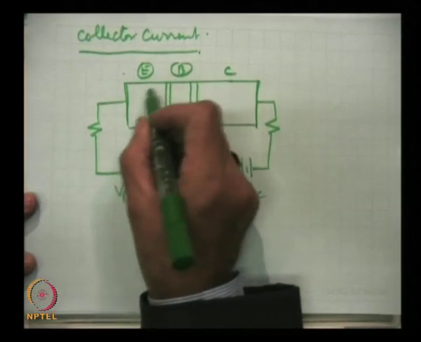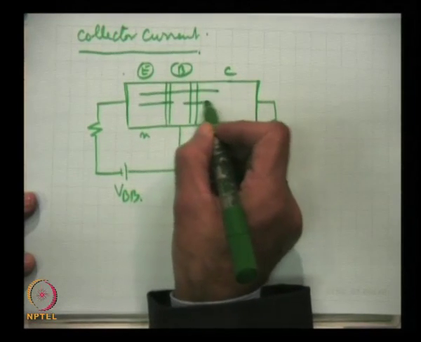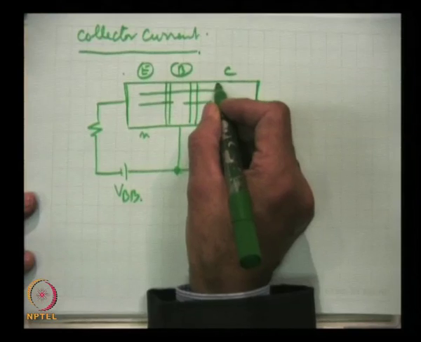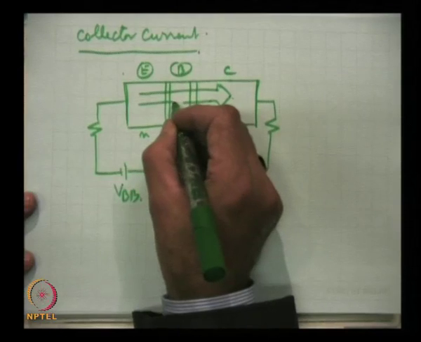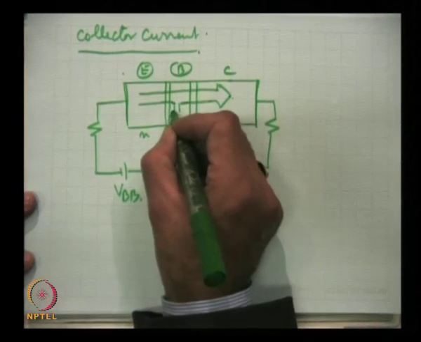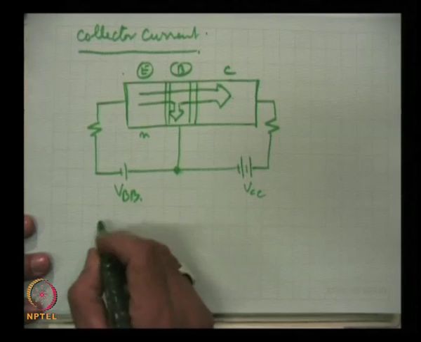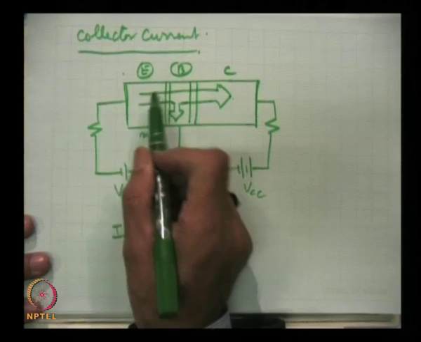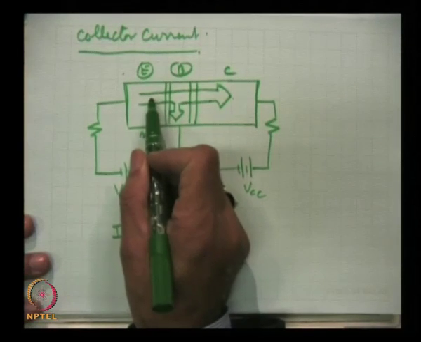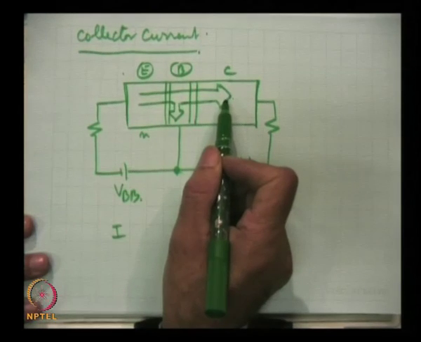From the emitter a very large flux of electrons was induced into the collector region, and a very small fraction got recombined. So, two things become clear from here. One is that the electrons which were injected from the emitter have been shared by the two, and a much larger portion goes to the collector.